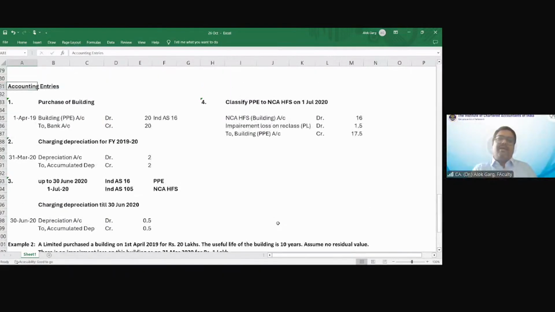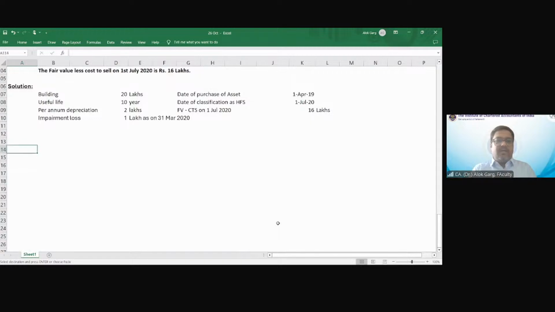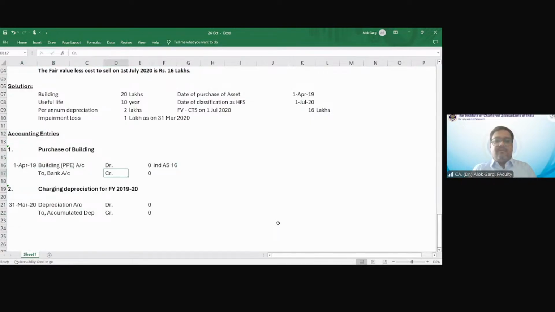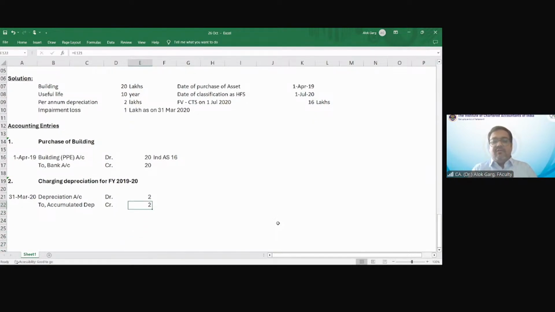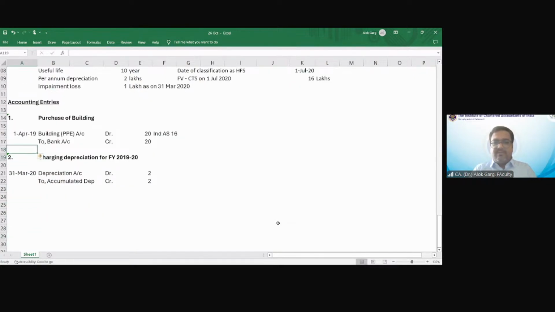First of all, let me put the accounting entries here. Accounting entries. This is 20 lakh. This is 2 lakh, and you guys need to help me in filling this accounting entry. What should I do on 31st March 20? I have to pass one more entry in this question because there is an additional information. What accounting entry I need to pass?